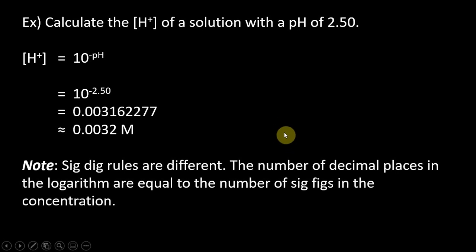Sig-dig rules are different here. The number of decimal places in the logarithm are equal to the number of significant figures in the concentration. So we look at 2 decimal places here in the log, and so we use 2 significant digits in the pH value.